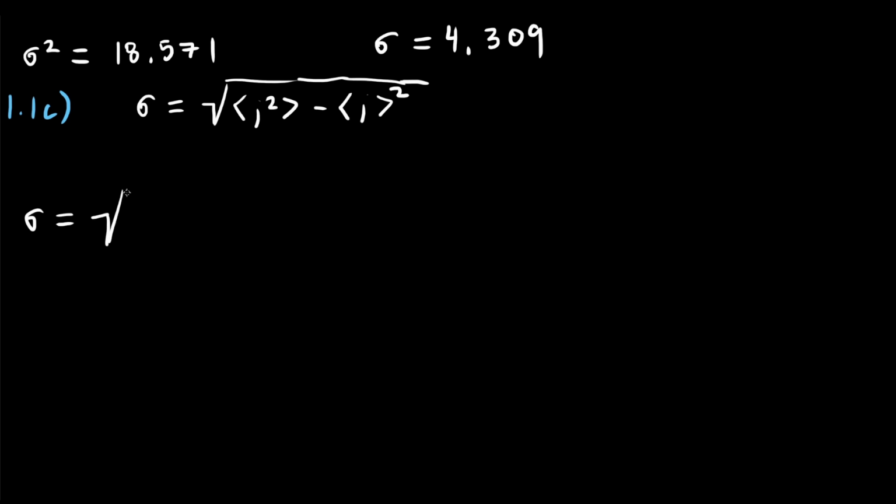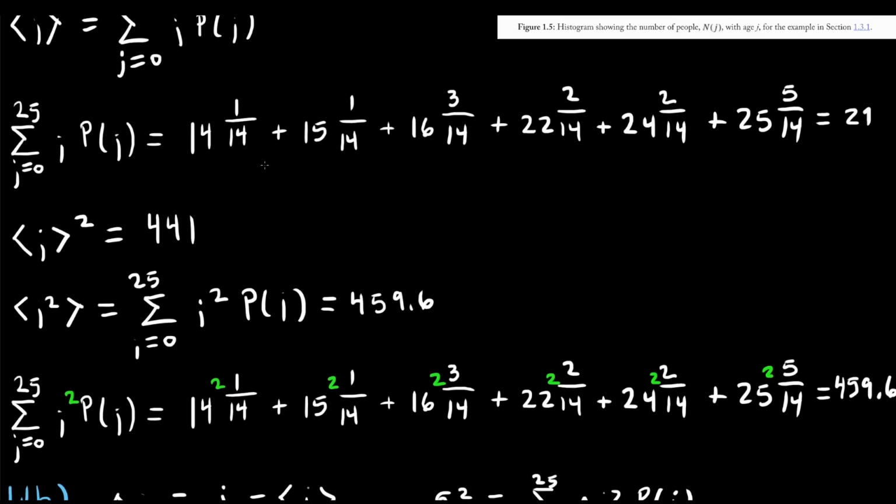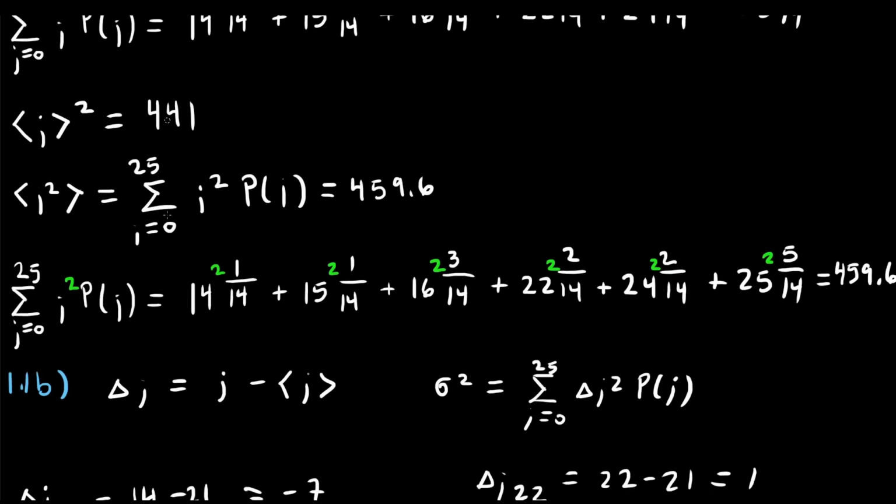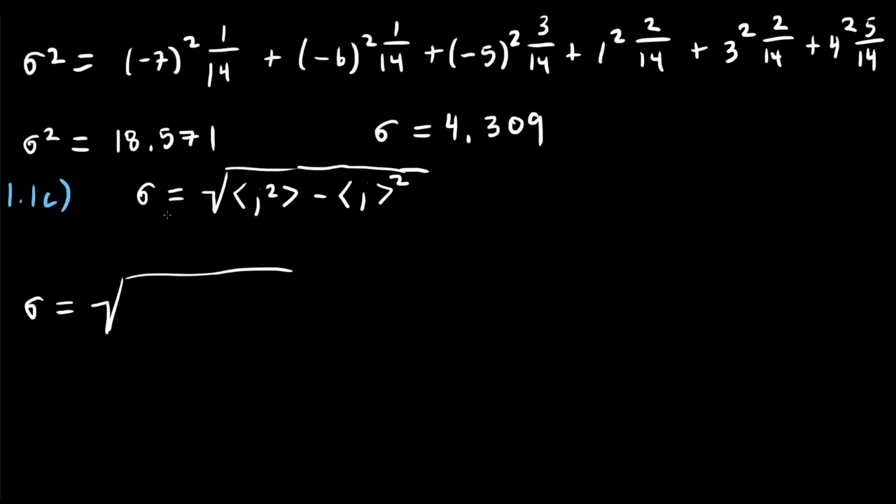We've already computed these values in 1.1a: what we got for the expectation value of j squared is 459.6, and the expectation value squared is 441. And this will come out to 4.309.